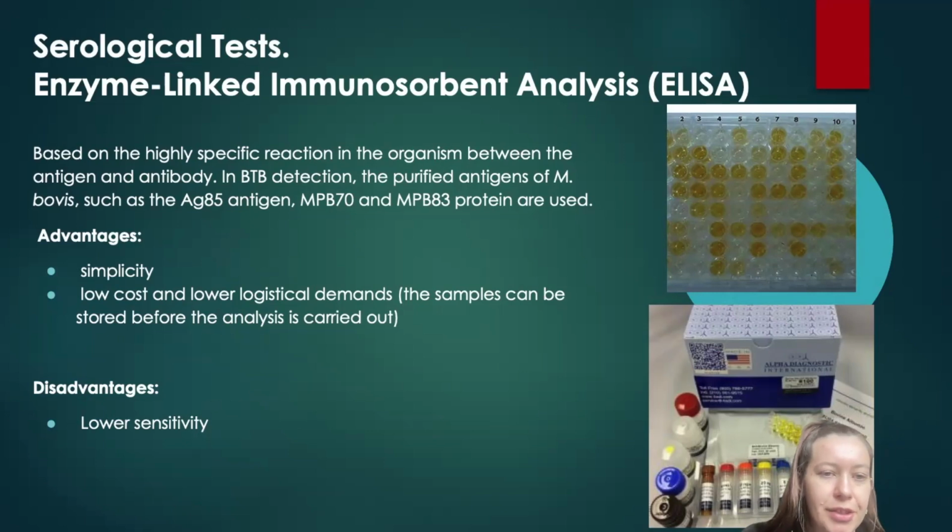The main advantages of this method are its simplicity, low cost, and low logistical demands. The samples for detection can be stored before the analysis is carried out, which is very important in laboratory practice.